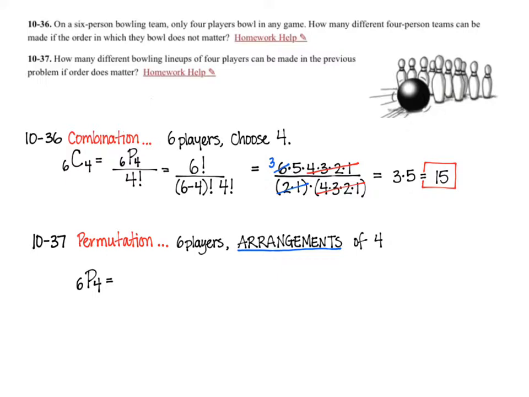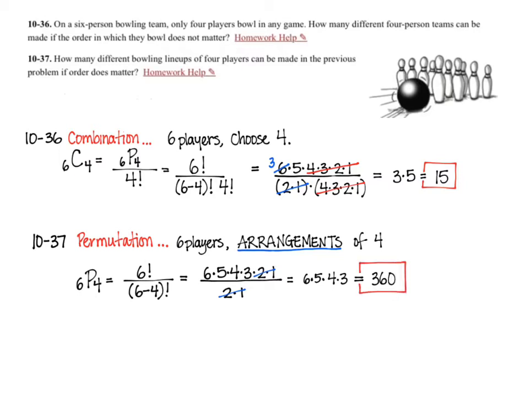So it's 6P4, which is 6 factorial divided by 6 minus 4 factorial. Remember that this is just 2 factorial. So we've got 6, 5, 4, 3, 2, 1 divided by 2, 1. Cancel out those things that are common. You've got 6, 5, 4, 3, which is 360 different ways to arrange the players.